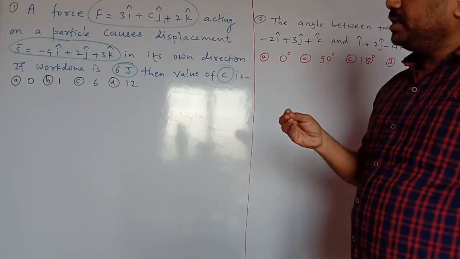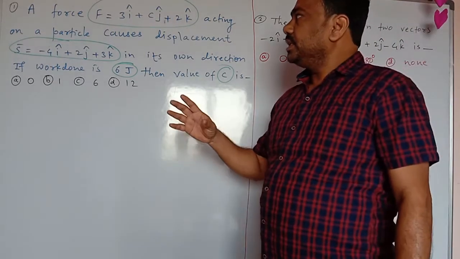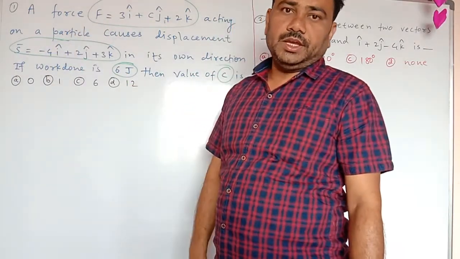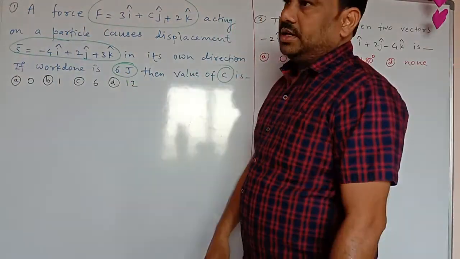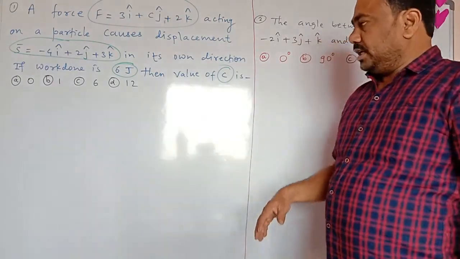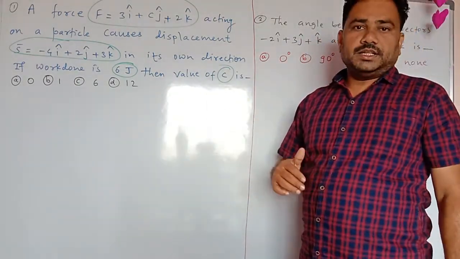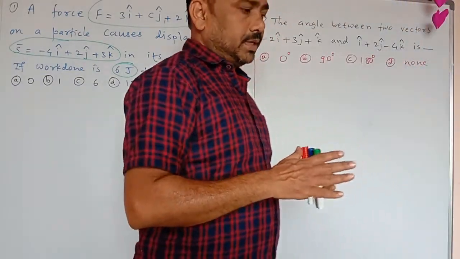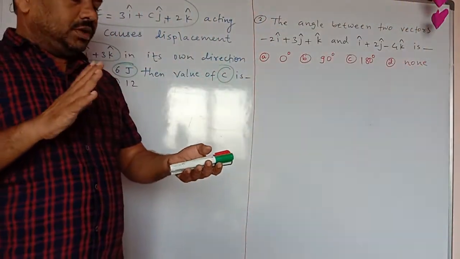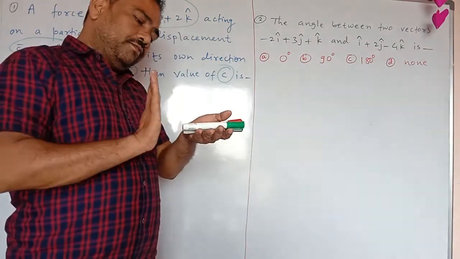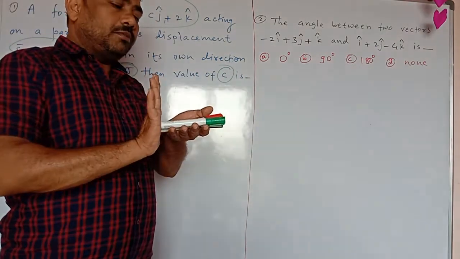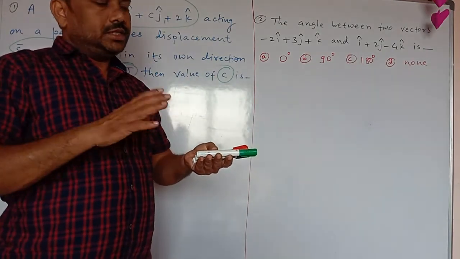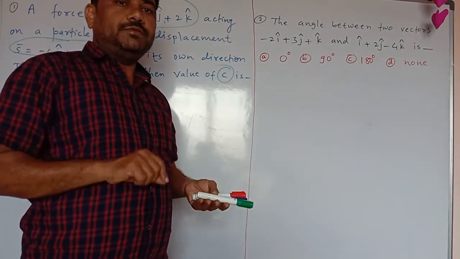We have seen in units and measurements that if work done is there, then definitely two physical quantities are there: one is force, another is displacement. If you apply a force on a body, the body is displaced from its mean position, or we can say its own position. At that time only work is done.